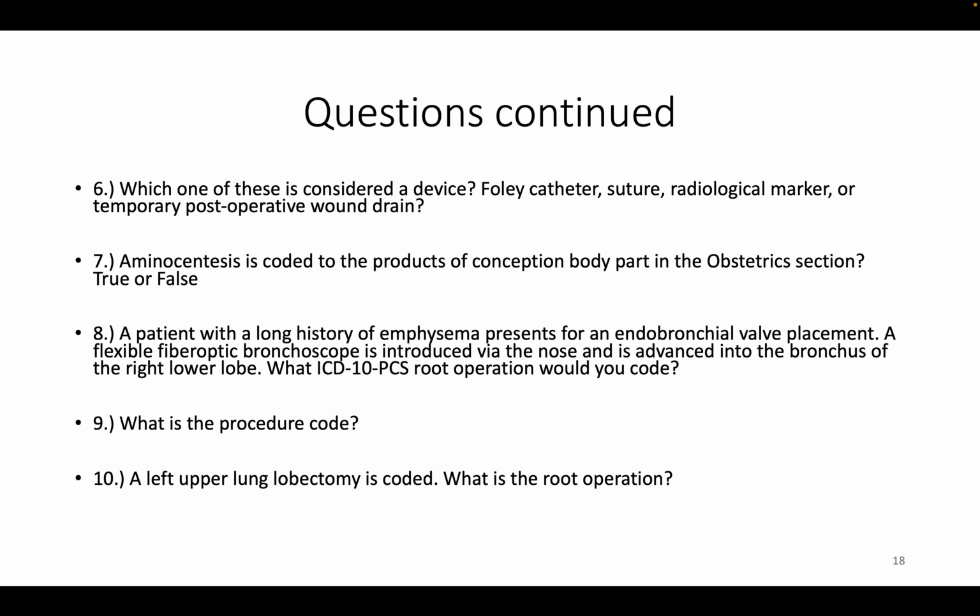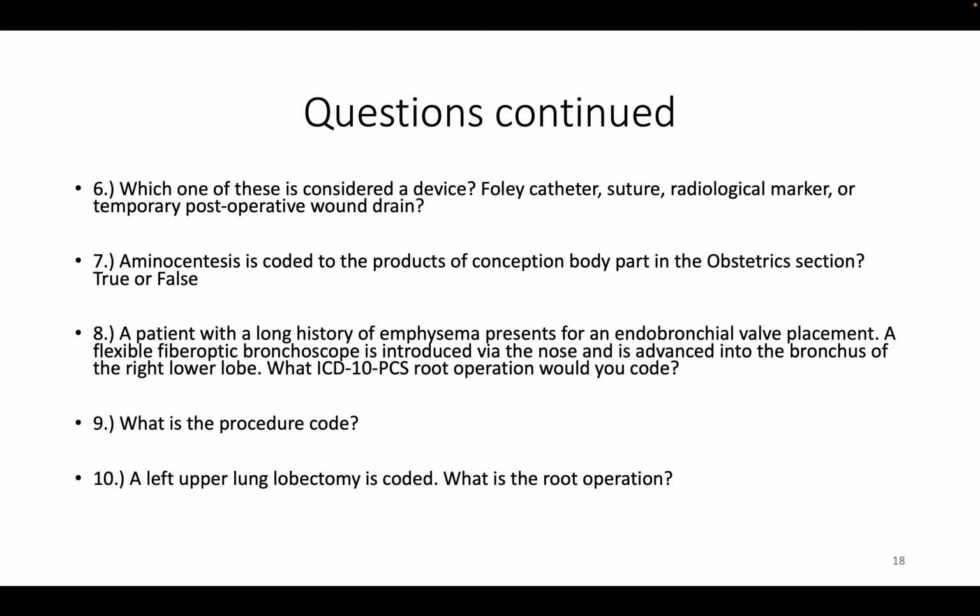Number 10. A left upper lobe lobectomy is coded. What is the root operation? A left upper lung lobectomy is coded to resection of upper lung lobe. Resection is coded when all of a body part is cut out or off.